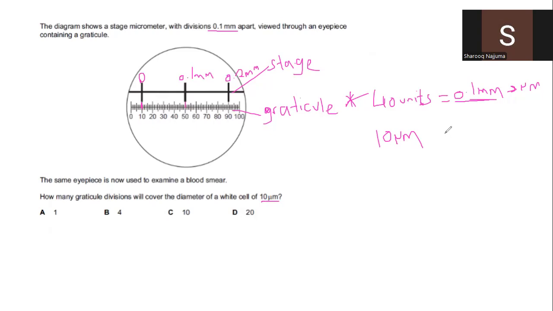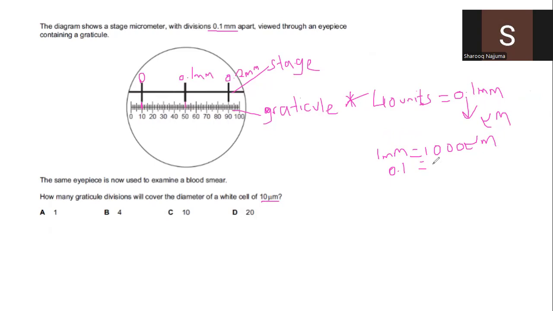We are changing millimeters to micrometers. We know that 1 millimeter is equivalent to 1,000 micrometers.